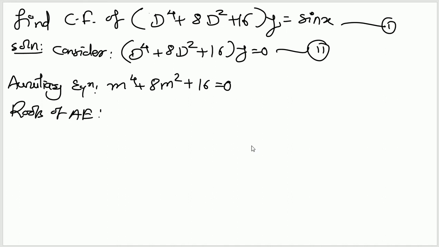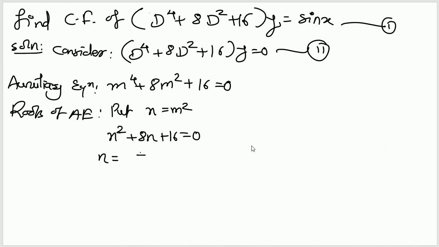Okay, so here we can see all the powers of m are even. So let us put n = m^2. So we'll get this equation as n^2 + 8n + 16 = 0, and this will give us values of n.